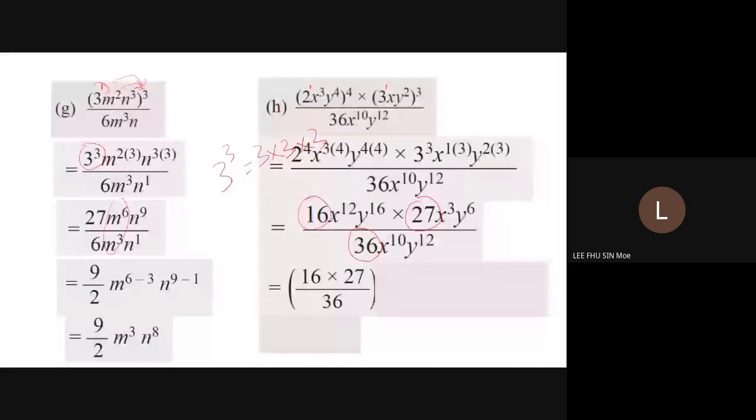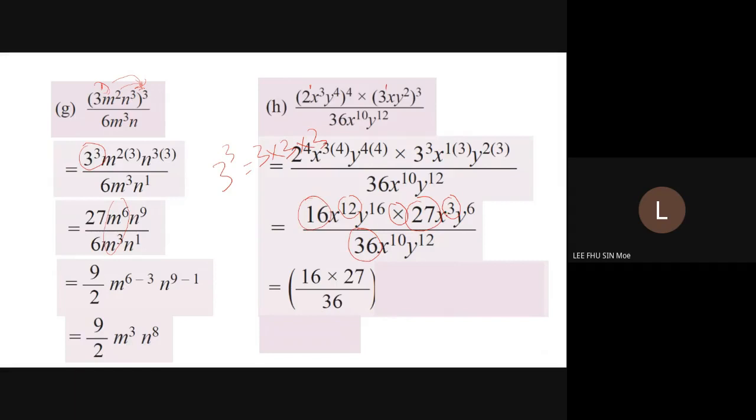You see, now they have multiply and division. For multiply, you use the law of indices, that is plus, and division is minus. So you see, this one 12 and 3, because this one is multiply, so you have to plus 12 plus 3.